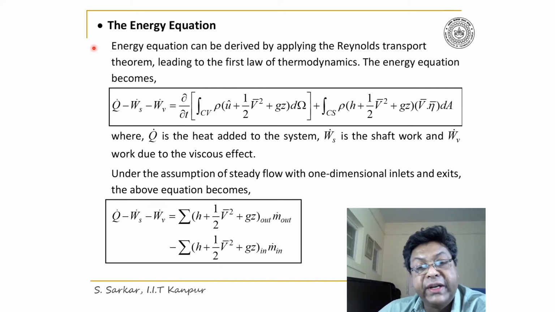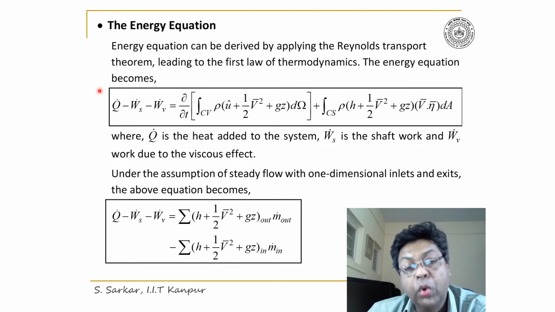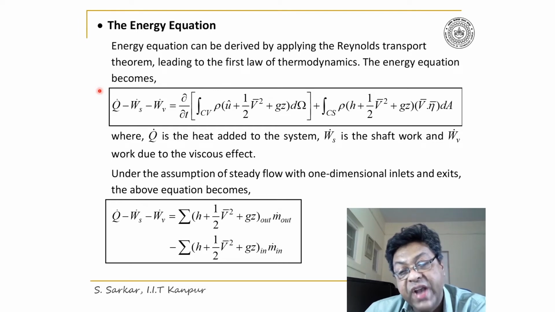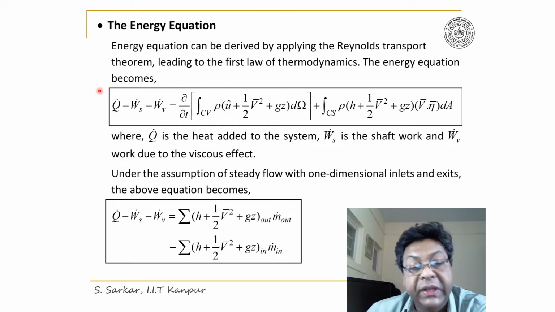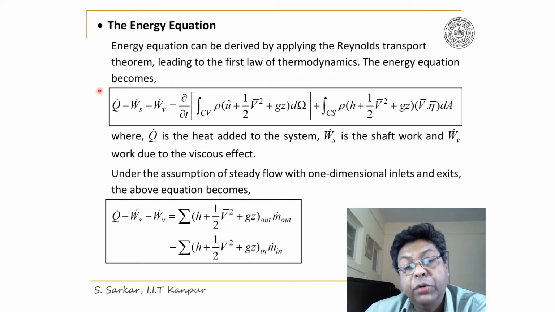Thus, the energy equation can be written as Q dot minus W dot S minus W dot V is equal to del by del t of the volume integral of rho into (u plus V squared by 2 plus g z) d omega, plus the surface integral of rho into (h plus V squared by 2 plus g z) V dot n dA, where Q dot is the heat added to the system, W dot S is the shaft work, and W dot V is the work due to the viscous effect.